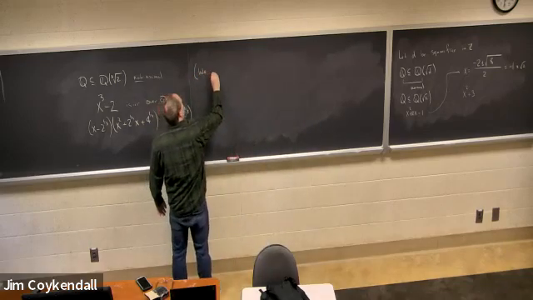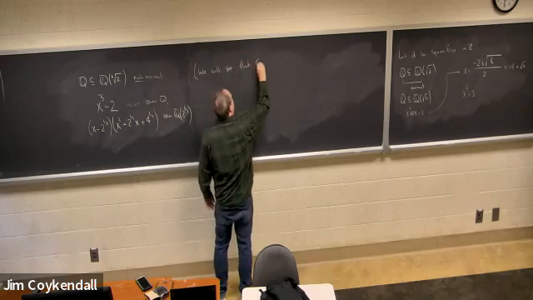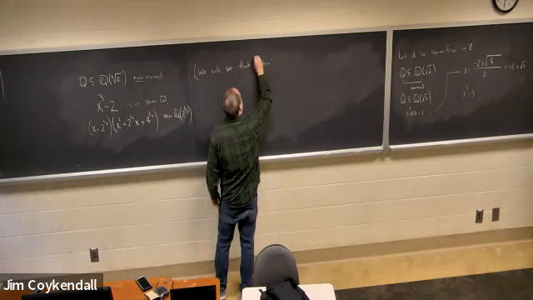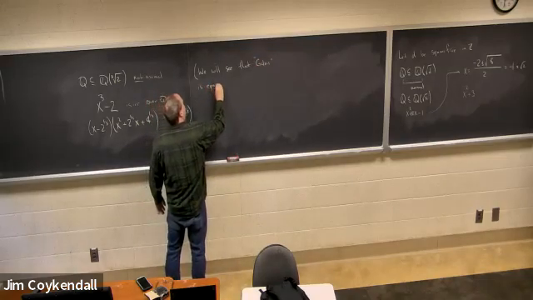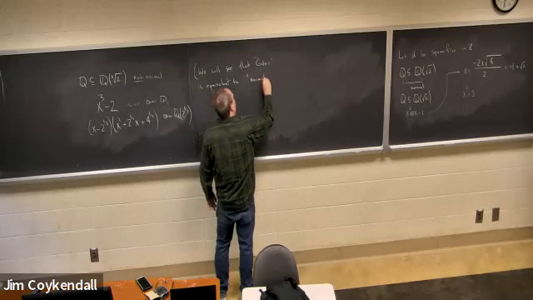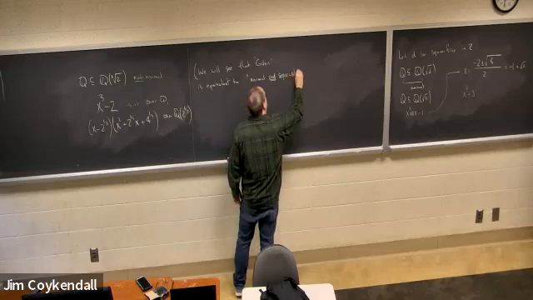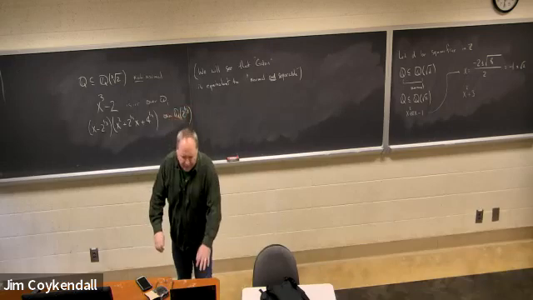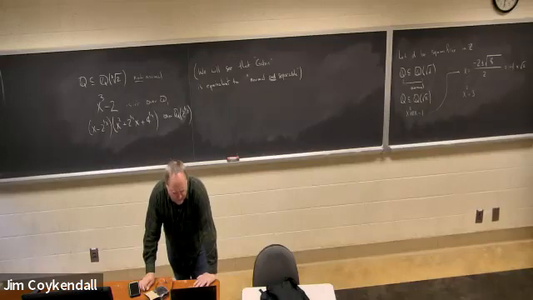So let me just mark, we will see that an extension being Galois, we talked about that before, is equivalent to normal and separable, which I have not defined yet, but basically what it means is that all the roots of the polynomial in question are distinct. So I'll make that a little bit more precise pretty soon.